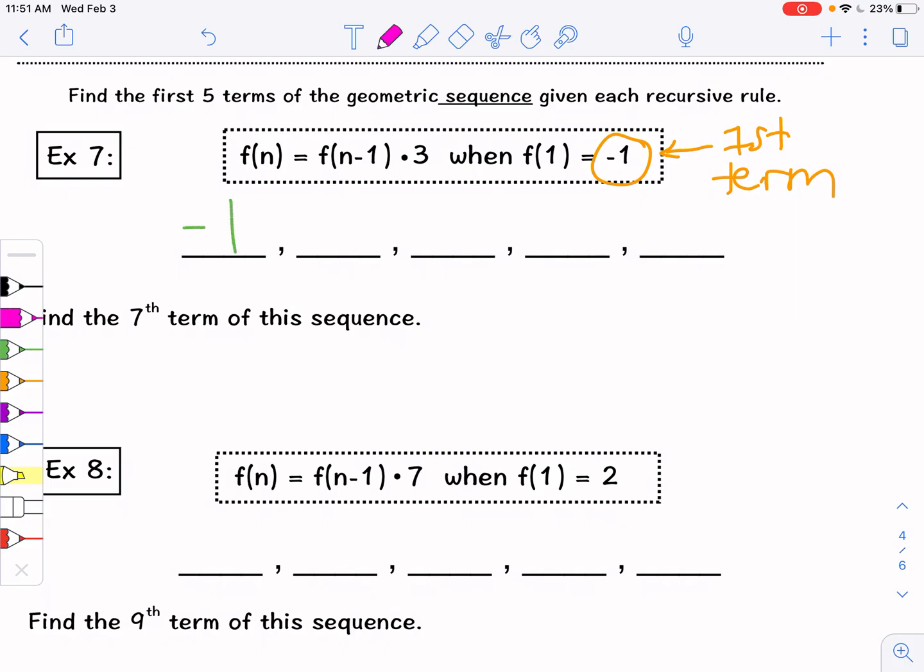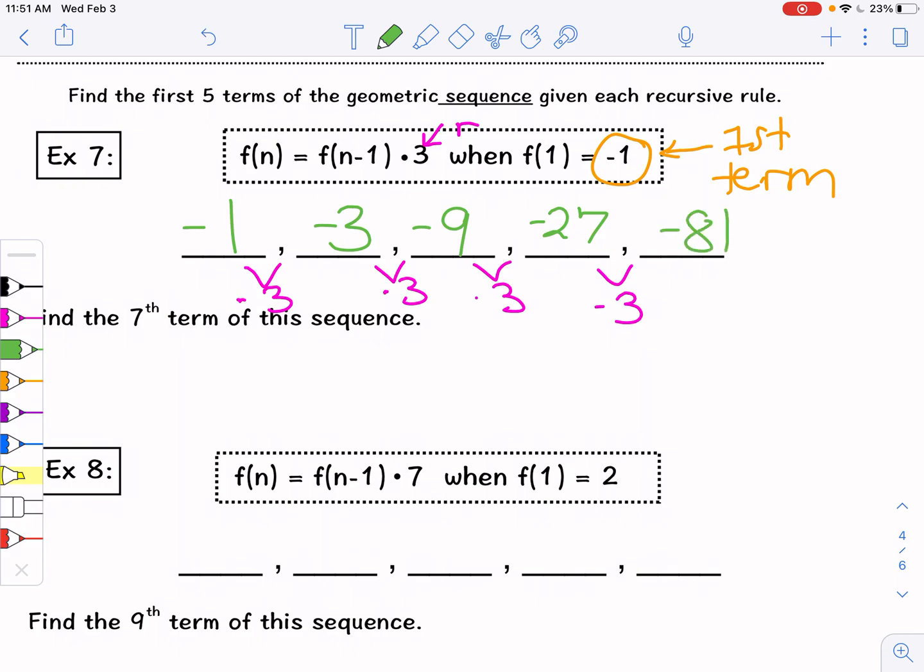I also know that the 3 multiplied by 3 is a common ratio. So I'm going to be multiplying by 3 every single time. So -1 times 3, we have -3, times 3 is -9, times 3 is -27, and -81.